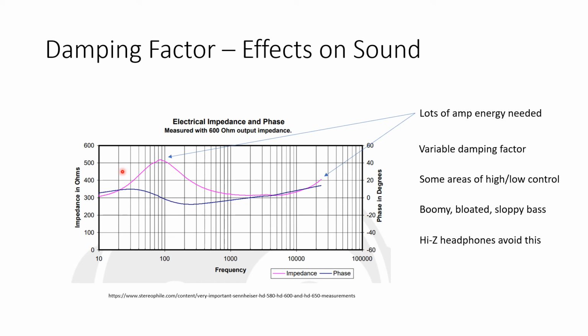So Sennheiser, Beyerdynamic, some AKGs, some Audio-Technicas have 250, 300, 600 ohm impedances, so that we have a high damping factor across the board if we have high output impedance.